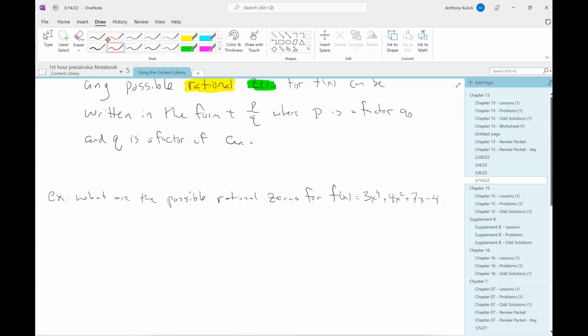So here we're asked, what are the possible rational zeros for the polynomial 3x to the fourth plus 4x squared plus 7x minus 4?